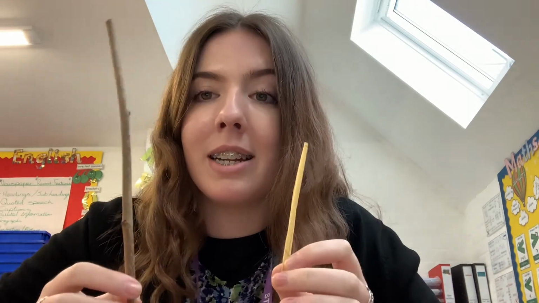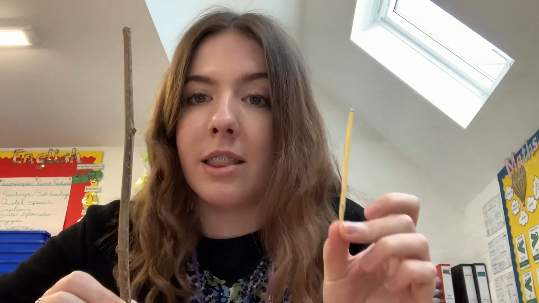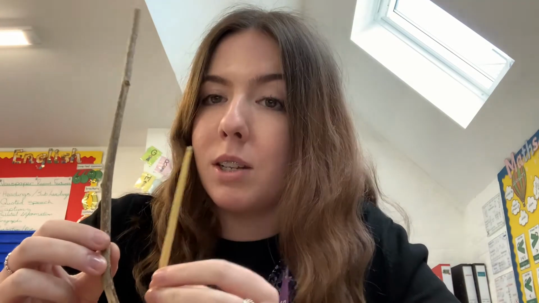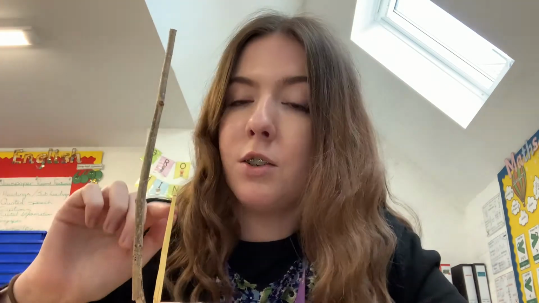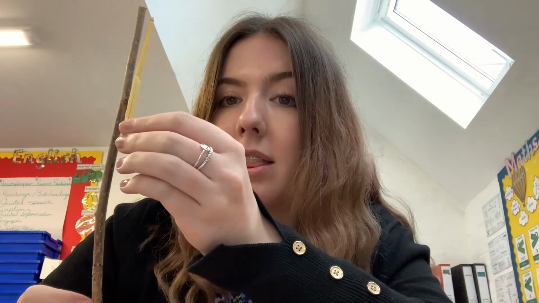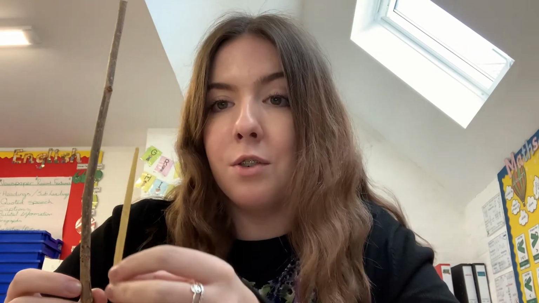Okay, so brilliant if you said again that this one is the longest one and that this one is the shortest one. So if we compare them together, we can actually see that this one is much shorter than the stick. Now it's not as tall at all, it's very short in comparison. So if we were to measure them again, we'd be able to see that this one doesn't have the same length. It would probably fit into the straw, into the stick a few times.